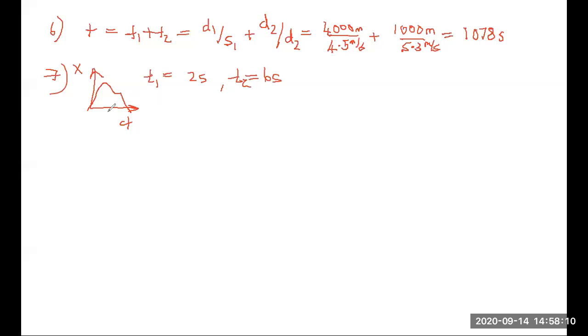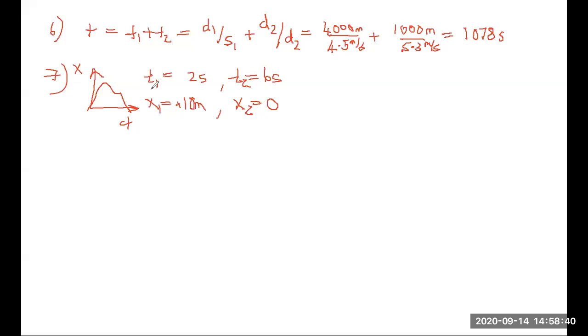So we can look up on the graph 2 seconds and 6 seconds, and read off what the position is at those 2 times. At 2 seconds, the position is plus 10 meters. And at 6 seconds, the position x2 is actually at the origin at that point.